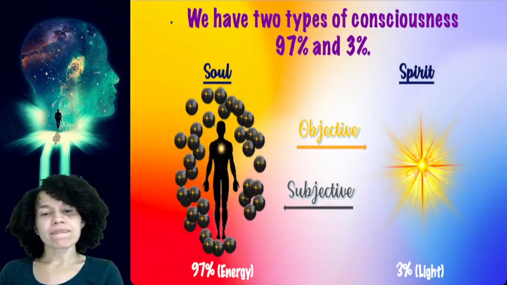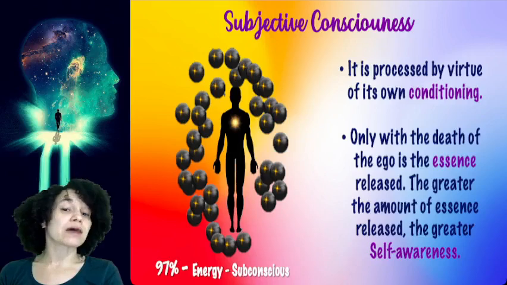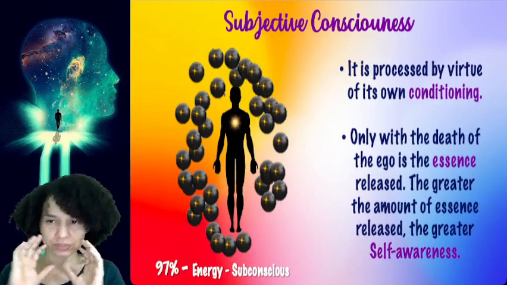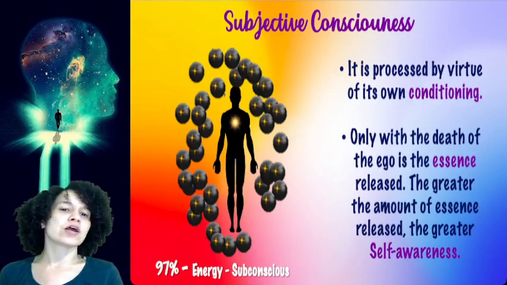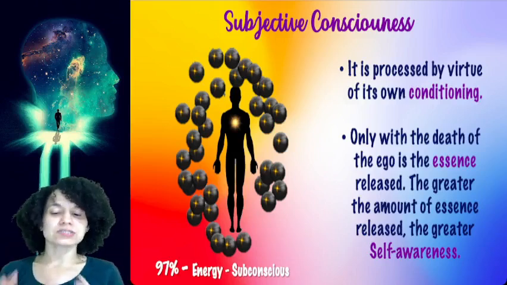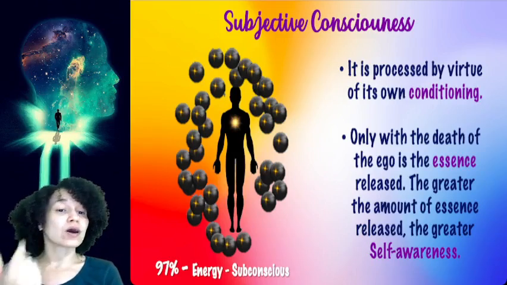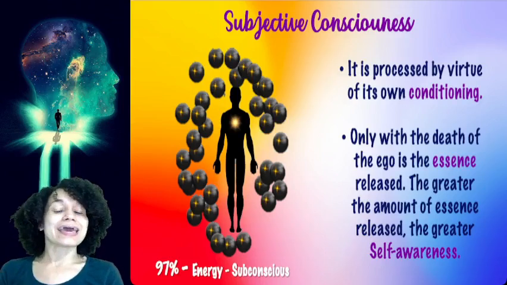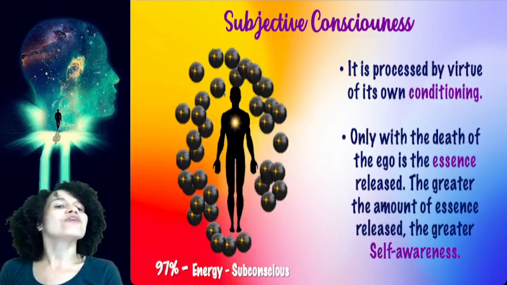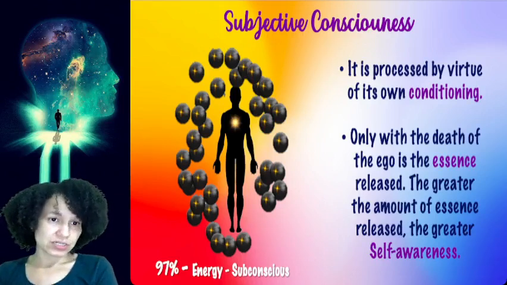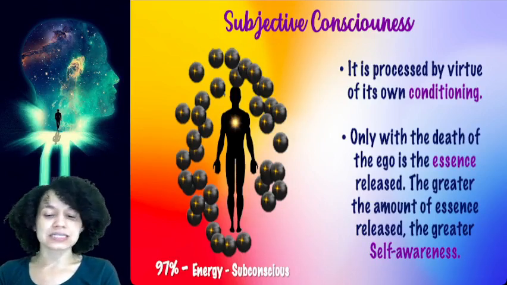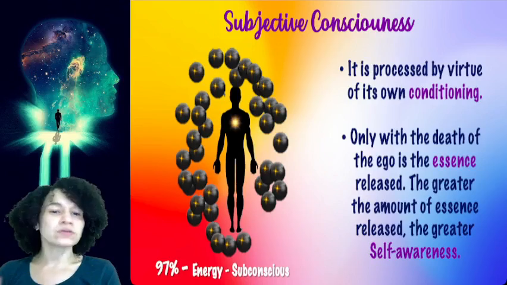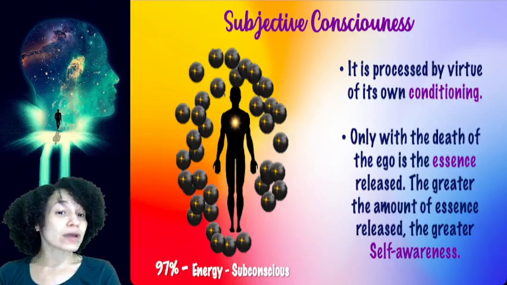So we could say that when we talk about subjective consciousness, to make it clear, we are talking about the 97% of our essence that is currently trapped in our ego and that is processed by virtue of its own conditioning. So this 97% of essence that forms our soul is completely polluted by all of our negative ways of being.